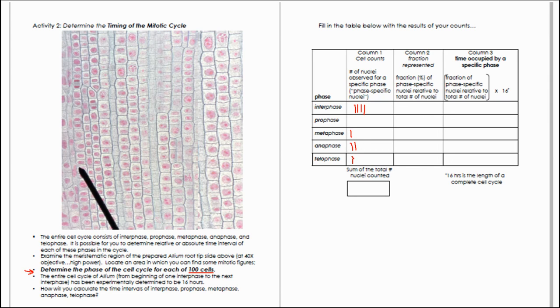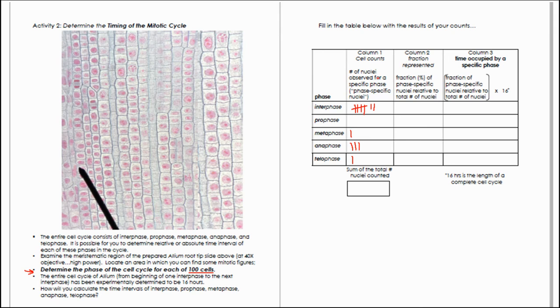This one is again an anaphase. There's a whole bunch of, 1, 2, 3, a whole bunch of interphases. And like that, you're just going through all of them, right? And you just come up with numbers, whatever the numbers are.